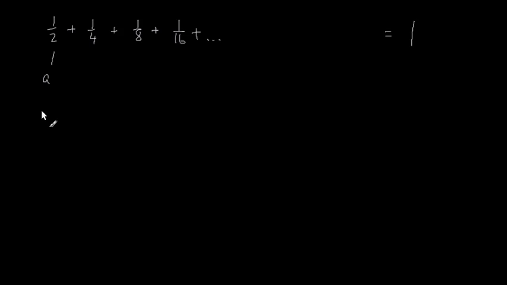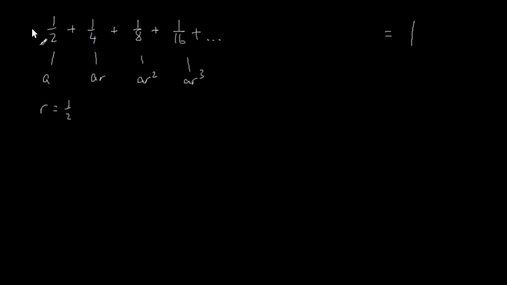So the common ratio r is equal to half. So that's ar, that's ar squared, that's ar cubed, and so on. And we want to keep adding on and on forever.